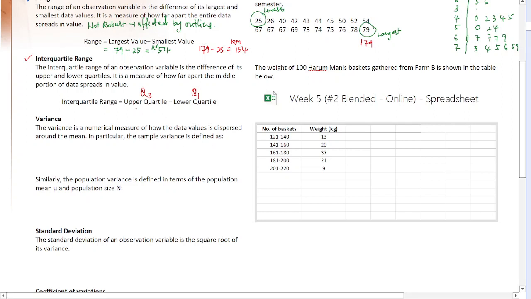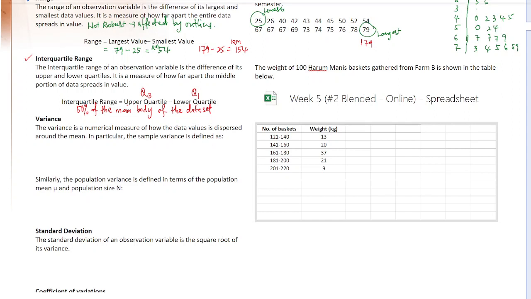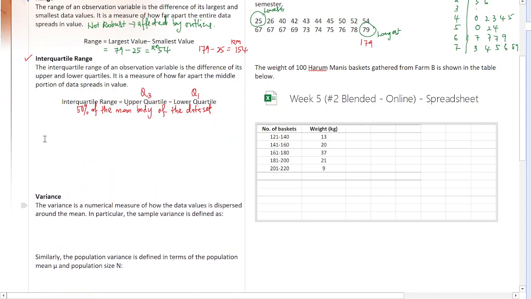The interquartile range basically gives you the 50% of the main body of your data set. Why do I say 50% of the main body? Before this we did Q1 and Q3.